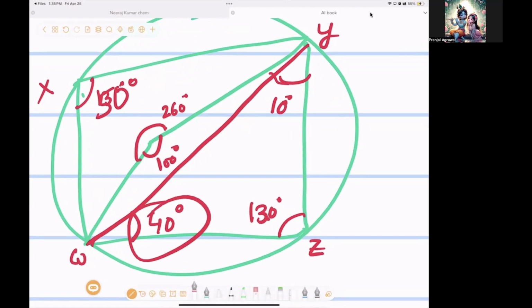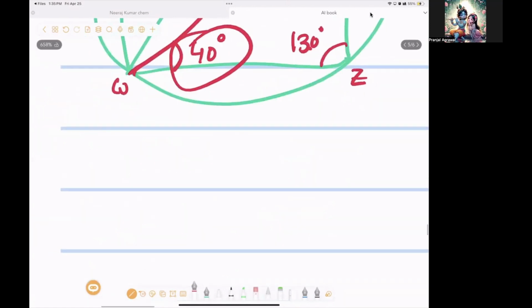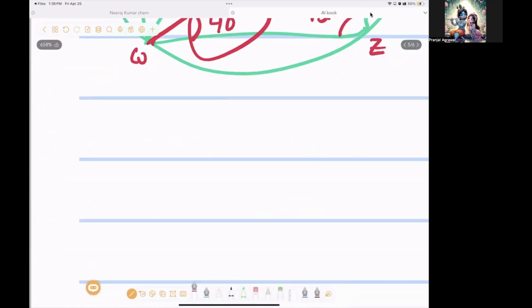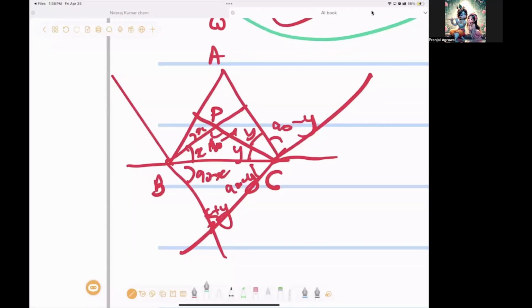Now, next question, in a triangle ABC, P is the point of intersection of the interior angle bisectors, and Q be the point of intersection. To draw this figure, it will be clear. So if ABC is a triangle, and then suppose this is the internal angle bisector.